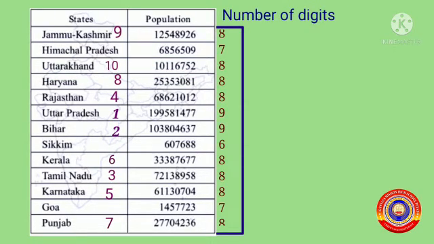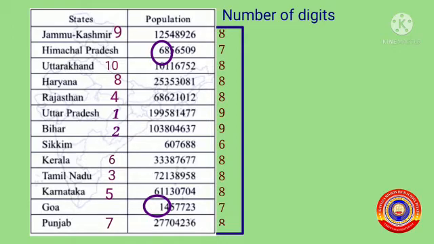Now, we shall look at the populations of states having 7-digit numbers. Here also, look at the first two digits of these numbers. Himachal Pradesh and Goa are the states with 7-digit populations.